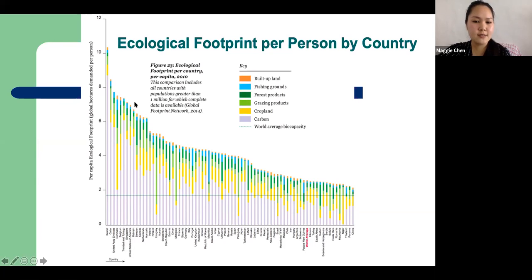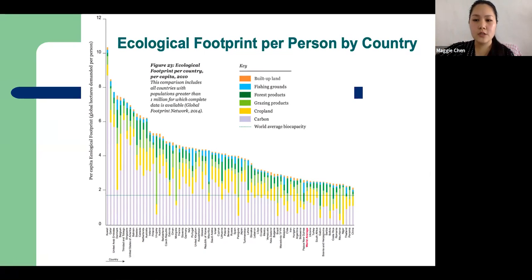It makes sense to us because a big chunk of our footprint is carbon because of the amount of fossil fuels that we use, the type of energy that is powering our homes, but also transportation, the type of cars and the fuel used to power them. In comparison, if we also look at this green dotted line across the bottom, that's the world's average global footprint. So the average ecological footprint per person is this green line. We can just keep that in mind for comparison.